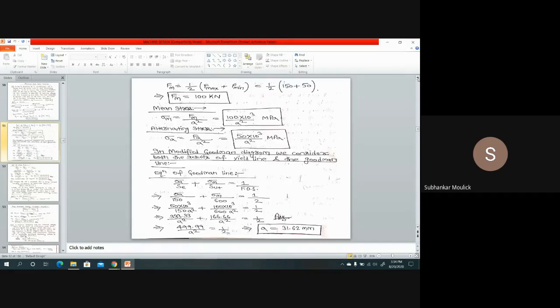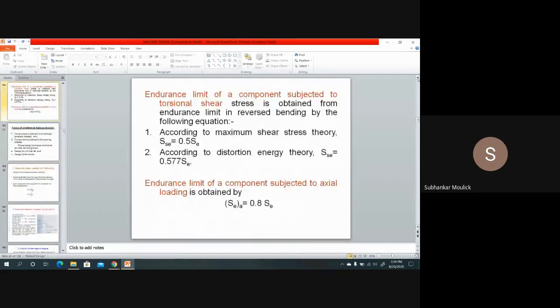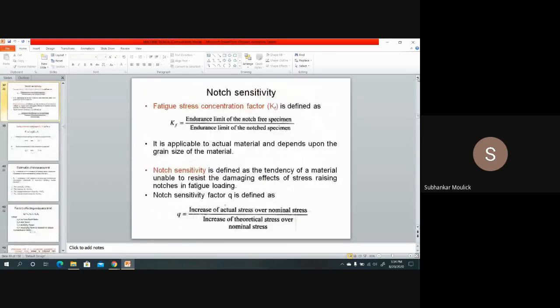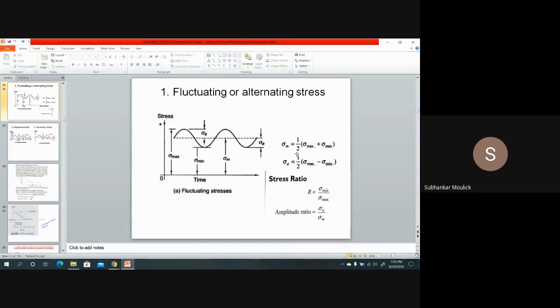If you remember the previous lectures, I have told you what a fully reversed condition is. See this diagram. This is my reversed stress. In reversed stress, sigma m is 0. And I know that sigma m is half times of sigma max plus sigma min.